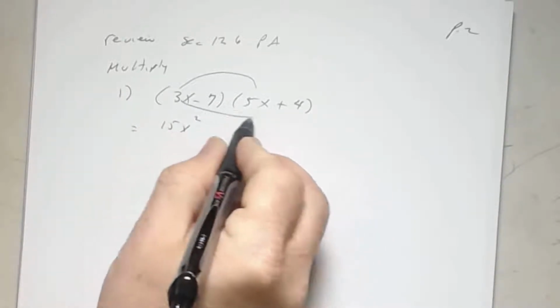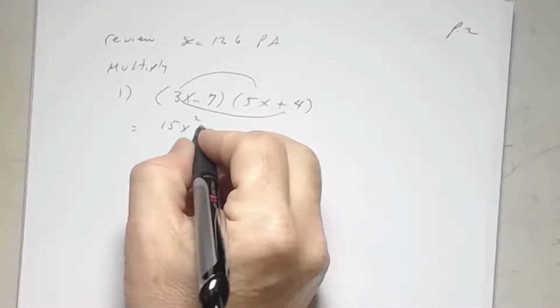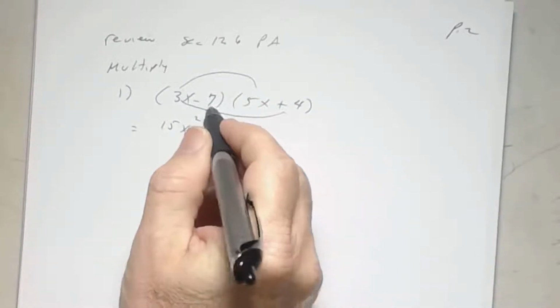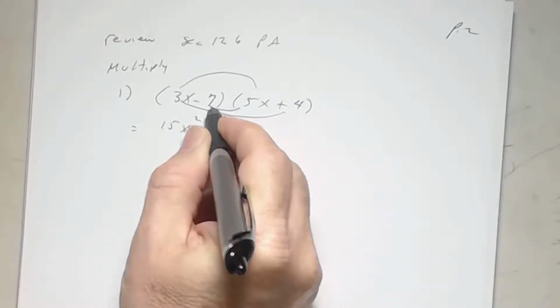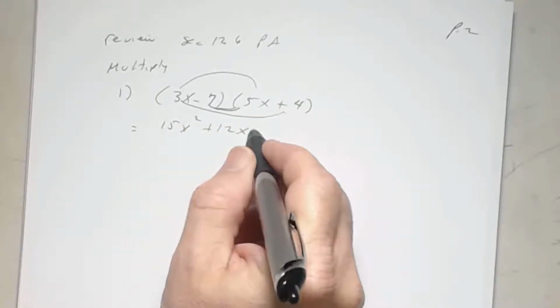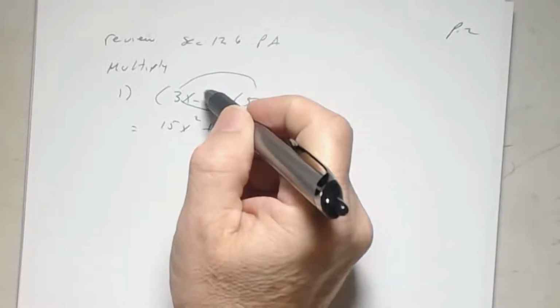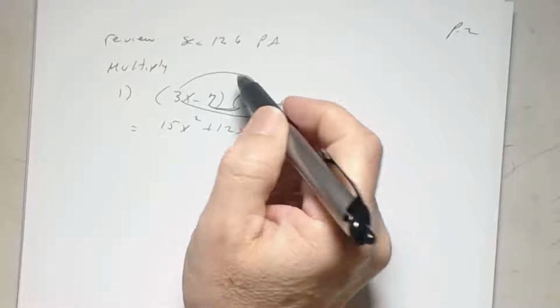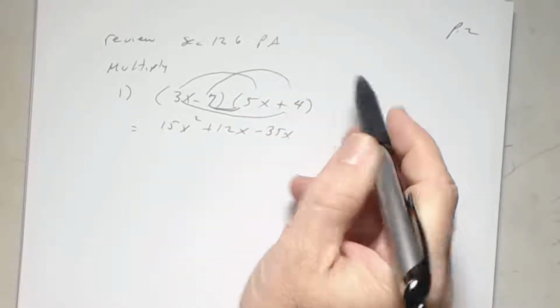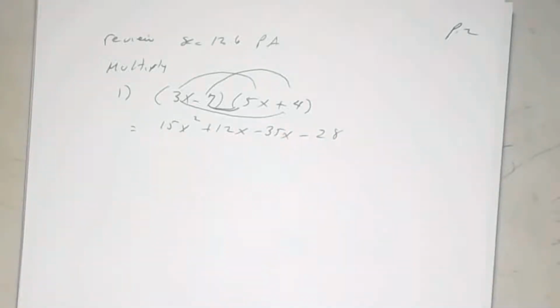The outer, so the terms on the outside of those 2 binomials, 3x and positive 4, what do you get when you multiply those? Okay. And then the inner terms, a negative 7 and a positive 5x multiplied together is a, and then your last term, the last term of each binomial, negative 7 times a positive 4 is a negative 28.